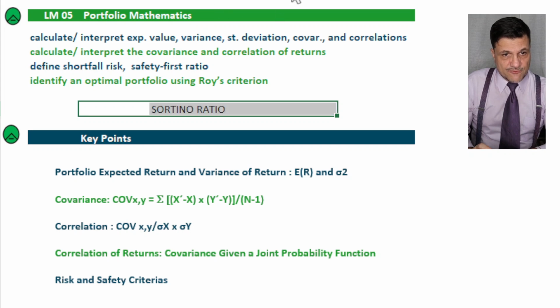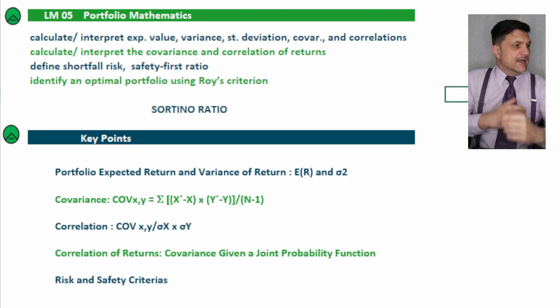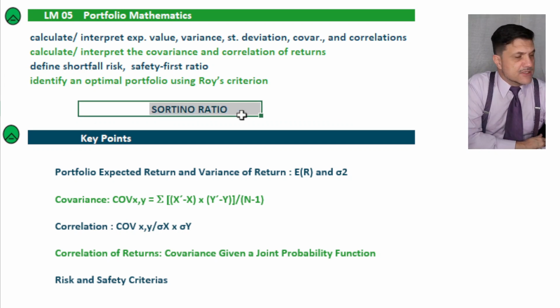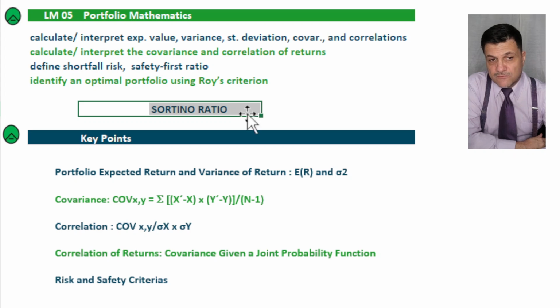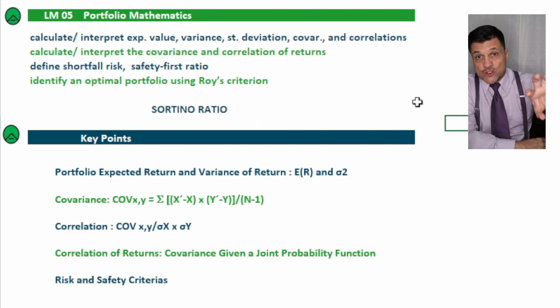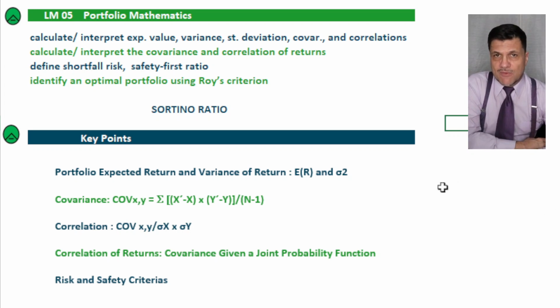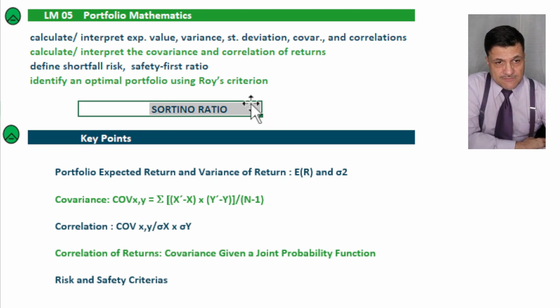It's just going to focus on the risk of the returns you get being below the expected return. Let's analyze those deviations only. The deviations above what I expected are not much of a concern. So we have a ratio for that.